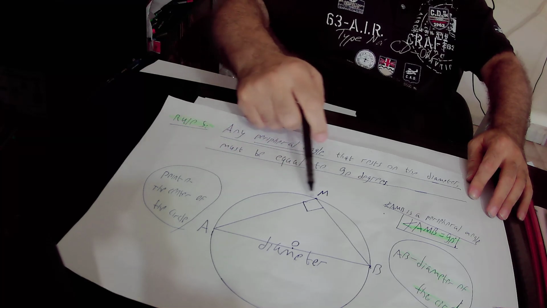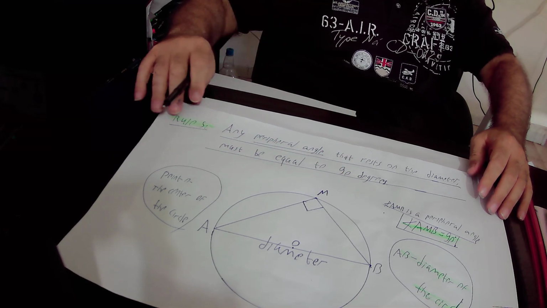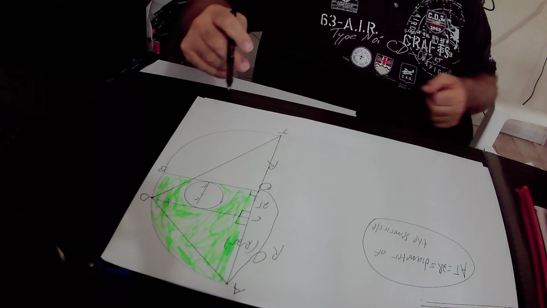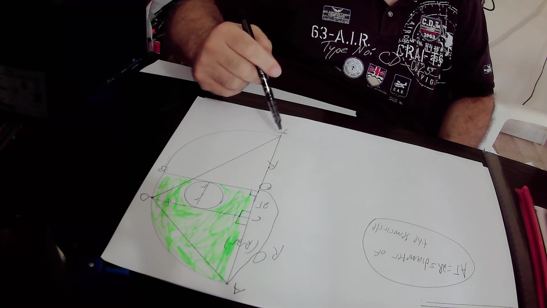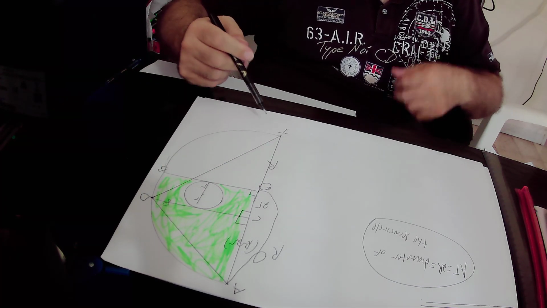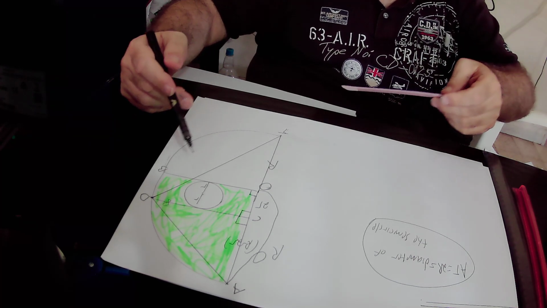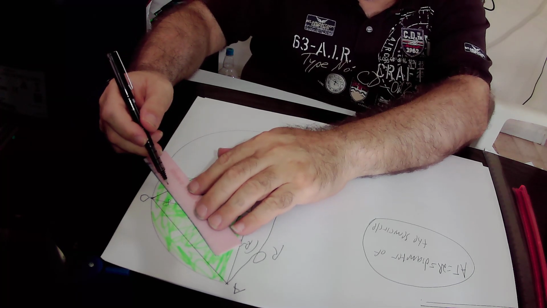Therefore, peripheral angle AMB equals 90 degrees according to rule number 5. We can implement rule number 5 in our drawing, because we have peripheral angle ADT that rests on AT, that is the diameter of the semicircle. Therefore, according to rule number 5, peripheral angle ADT must be equal to 90 degrees.